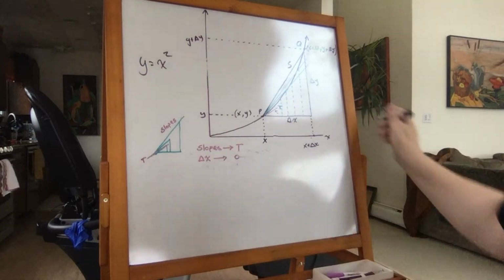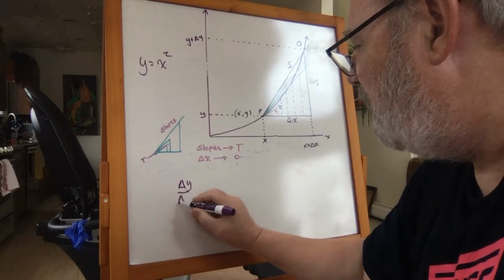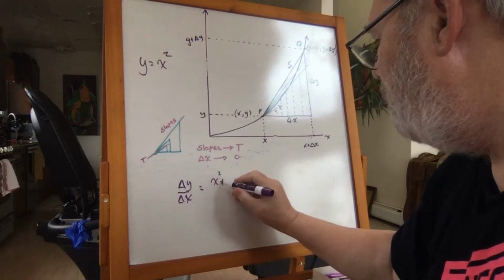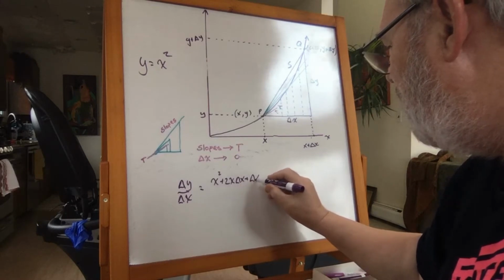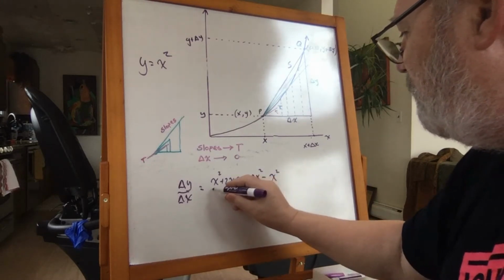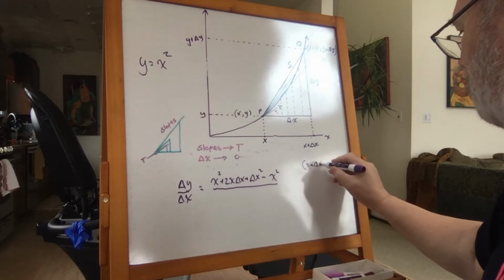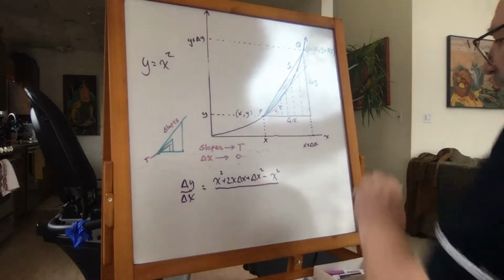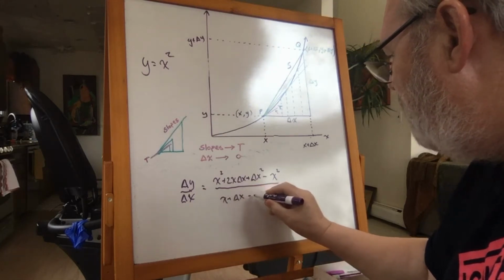So let's expand that out. We have delta y over delta x is equal to x squared plus 2x delta x plus delta x squared minus x squared. You see, I just expanded that expression, x plus delta x squared. And now the denominator is x plus delta x minus x.